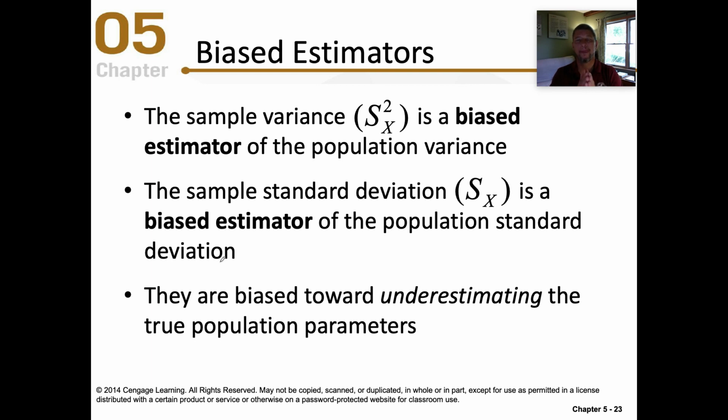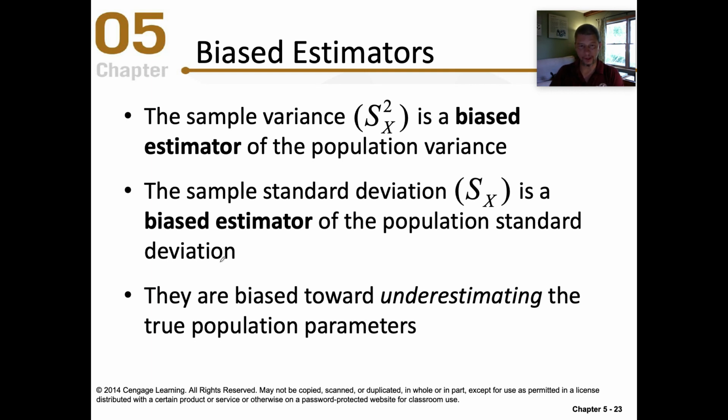In other words, they tend to underestimate just how large the spread of the data is. And so, in order to figure out a better way to do this, we have to use a different calculation. So we don't want to use this biased sample variance and the biased sample standard deviation.